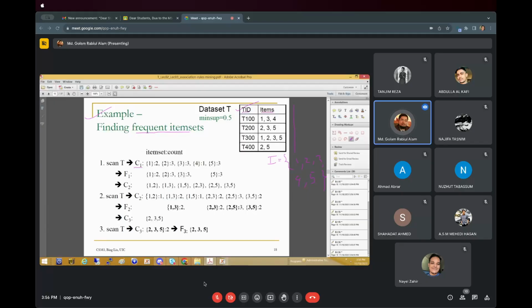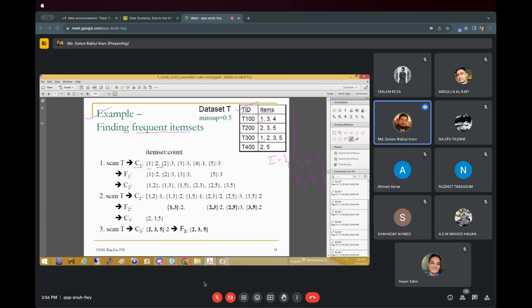Now in the candidate set, at first we need to think about each and every item. Like here, item number 1. How many times did item number 1 appear in the data set? We can see item number 1 here, and here is also item number 1, so 2 times.